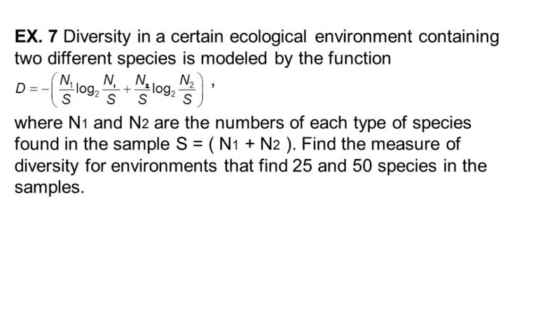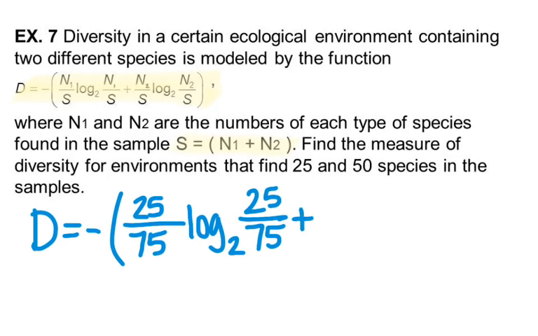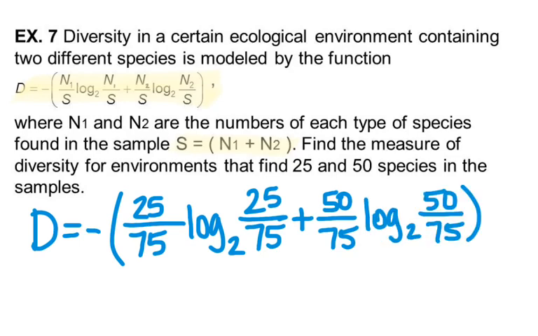So we're just plugging into this formula. So D equals negative, and I'm going to put 25 over 75. 75 is 25 plus 50 times log base 2 of 25 over 75 plus 50 over 75 times log base 2, 50 over 75.